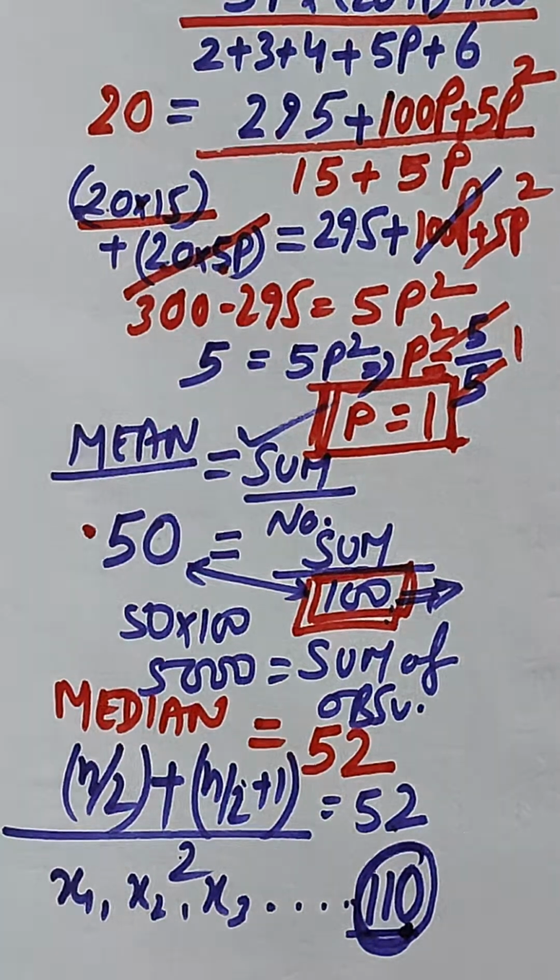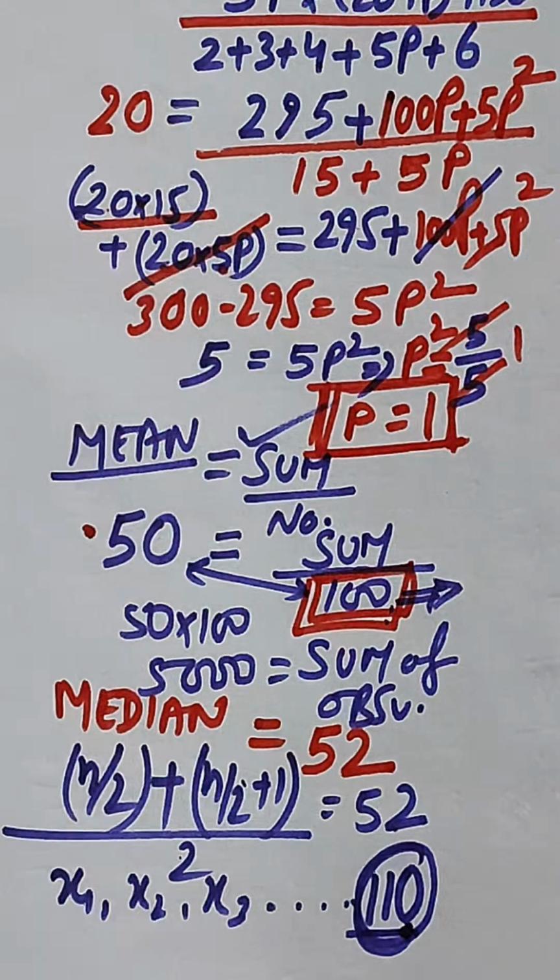The mean and median of 100 observations are 50 and 52, and the value of the largest observation is 100. It was later found that it is 110 and not 100. Find the true mean and median. So I'm saying that in this question, first you find the number of variables that you have.